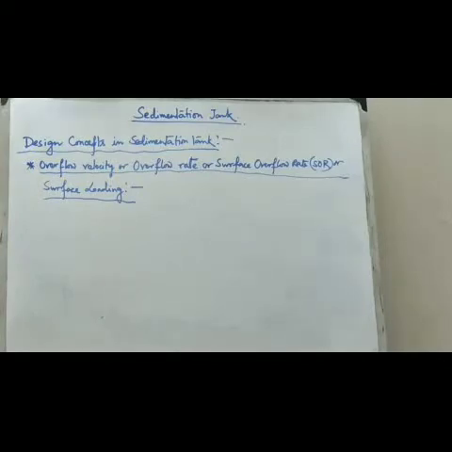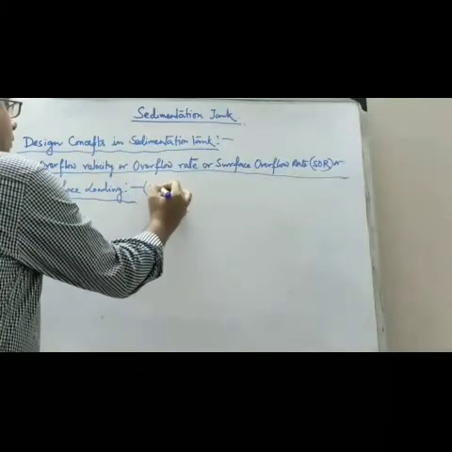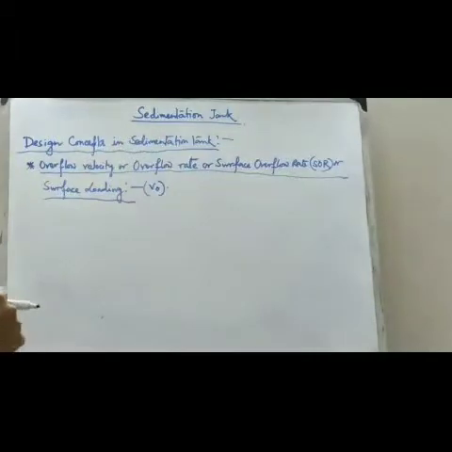What is this? It is represented by the symbol V0. And this is actually that flow velocity at which the tank is designed to operate.